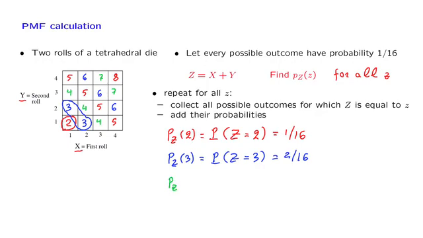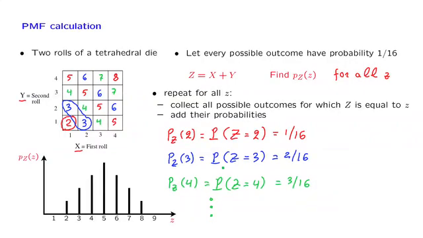Continuing similarly, the probability that our random variable takes the value of 4 is equal to 3/16. And we can continue this way and calculate the remaining entries of our PMF. After you are done, you end up with a table, or rather a graph, a plot that has this form, and these are the values of the different probabilities that we have computed.